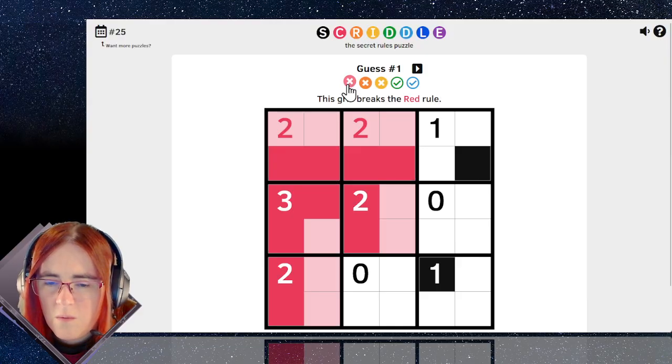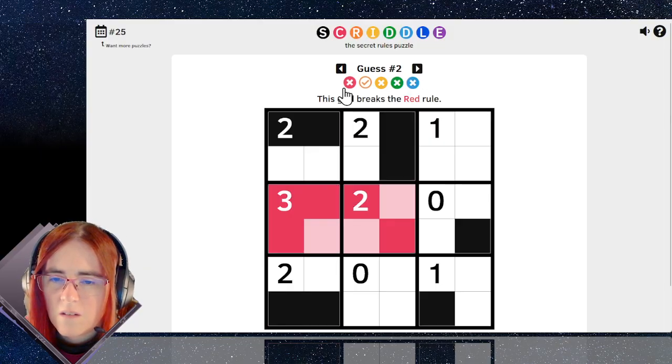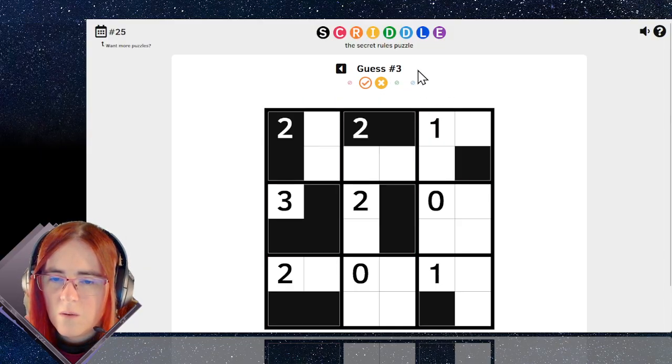What did we think the red rule was? We think the red rule is no neighboring black cells that are neighbors across a room boundary.